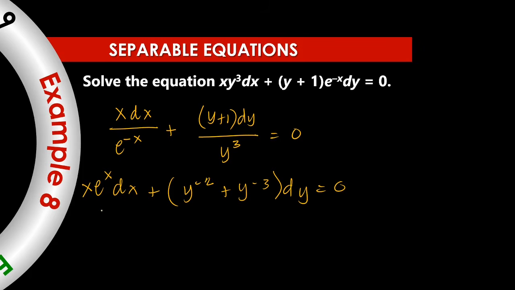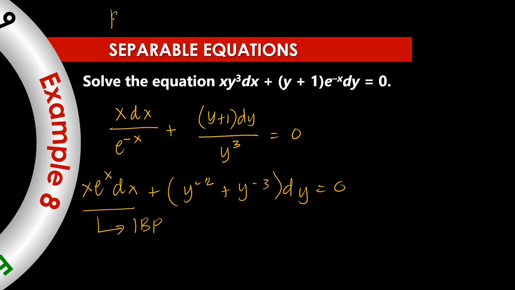Okay, so notice here that we will be integrating x times e raised to x dx. If this looks familiar to you, perhaps you were able to solve this problem in your integral calculus. As an example, this would require integration by parts.